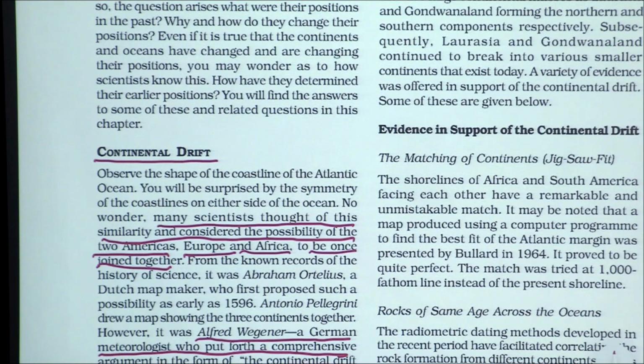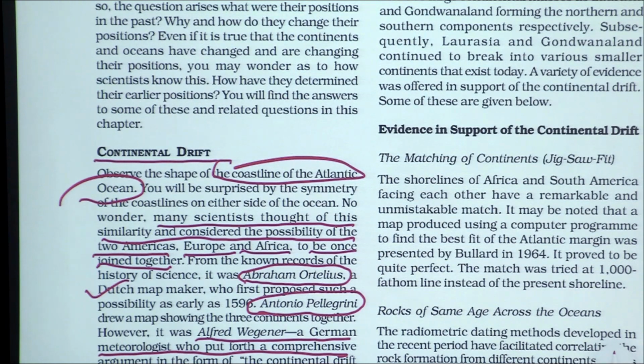From the known record, it was Abraham Ortelius, the Dutch map maker, who first proposed such a possibility, and the second name that comes from our NCERT is Antonio Pellegrini, who attempted to draw basically the observation of the coastline of the Atlantic Ocean.